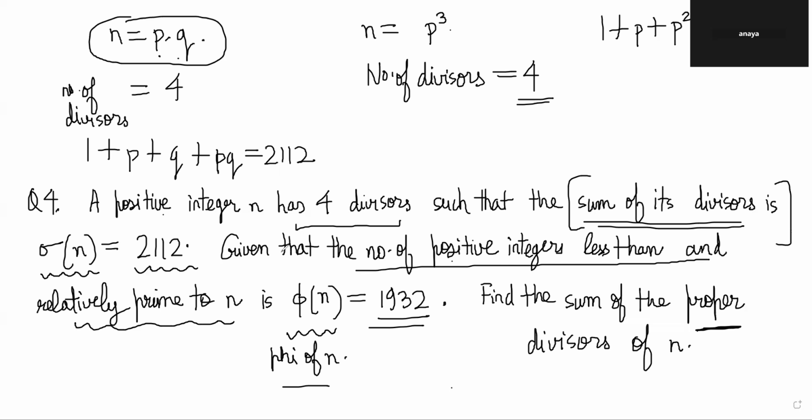And out of those n minus 1, there are some of them which have common factors with n. We need to find the ones that are relatively prime.